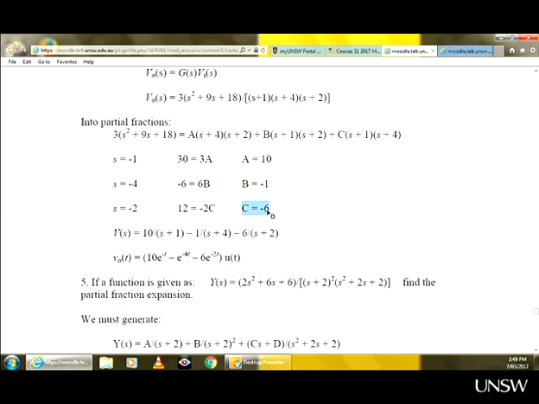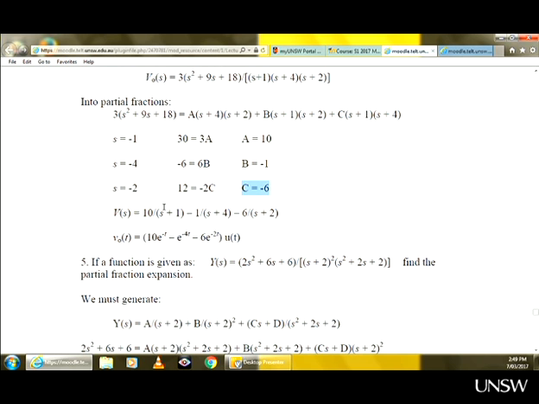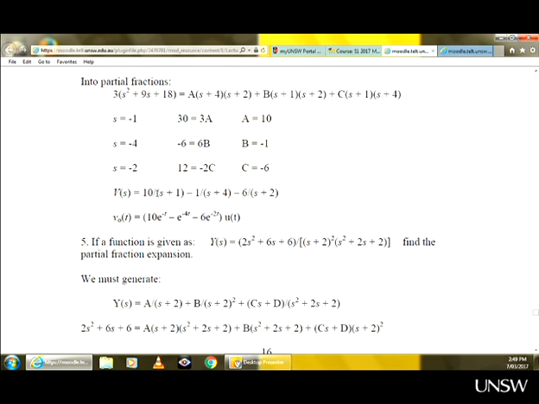That means that, the subscript O is missing here, the output voltage equals 10 over S plus 1, that's A, minus 1 over S plus 4, so B is minus 1, and C is minus 6 over S plus 2. The inverse Laplace of the first term, 10 over S plus 1, is 10 e to the minus t.